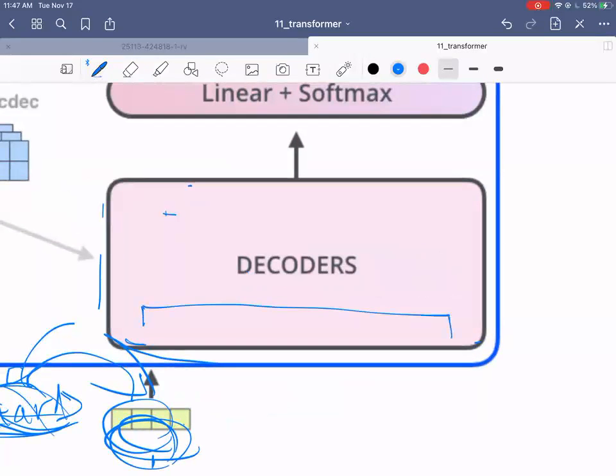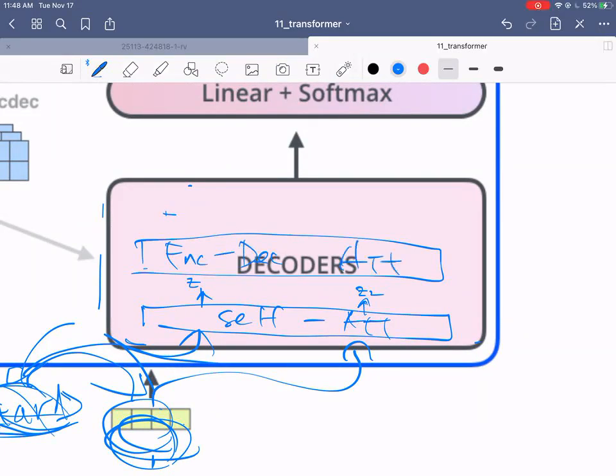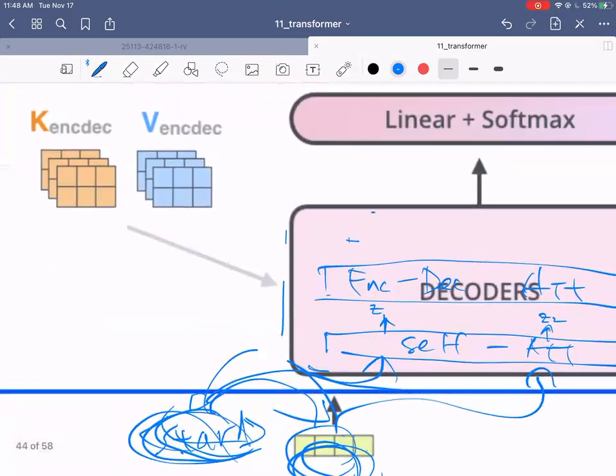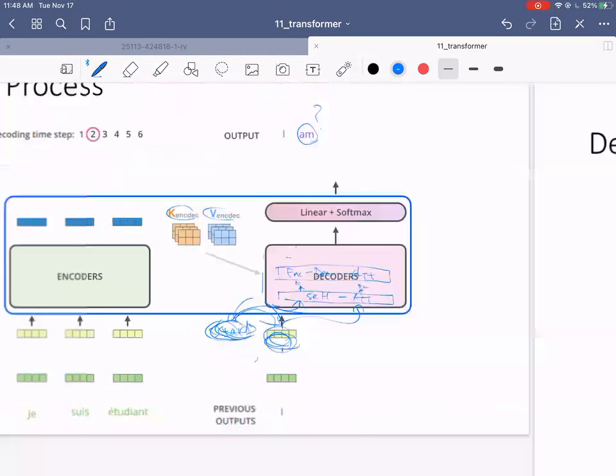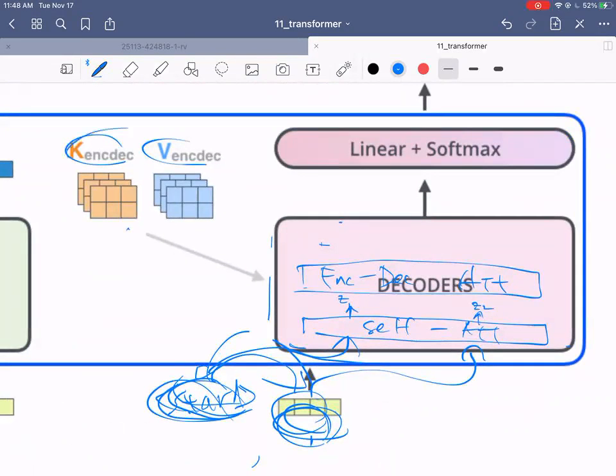So self attention, start will go here, "I" will go here, and it'll generate Z1, Z2, and then there's encoder decoder attention. That's where the K's and V's generated from the input words will play a role when they flow into here.